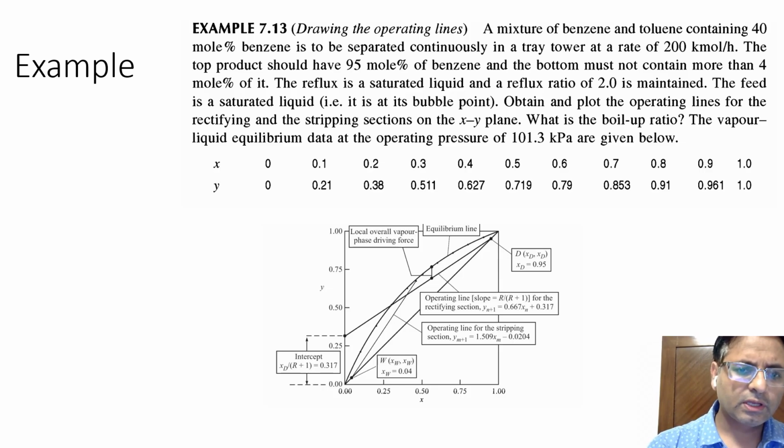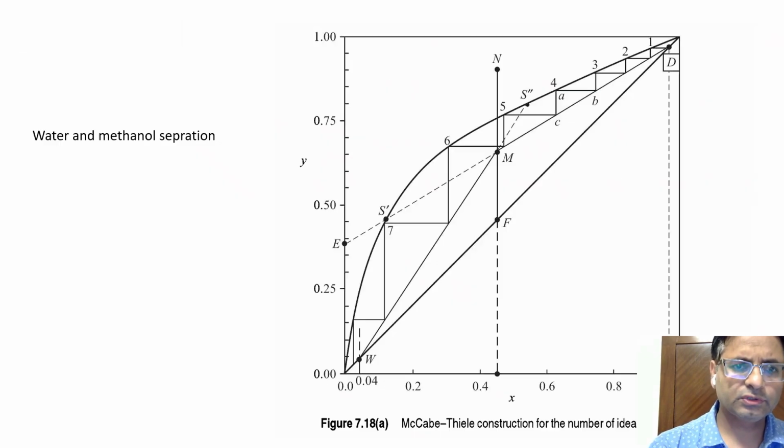You can draw the equilibrium line and the operating lines for rectification and stripping, and then you can find the boil up ratio required for this question. This is how you can easily calculate the number of steps and the number of theoretical plates for this section. Thank you for this topic.